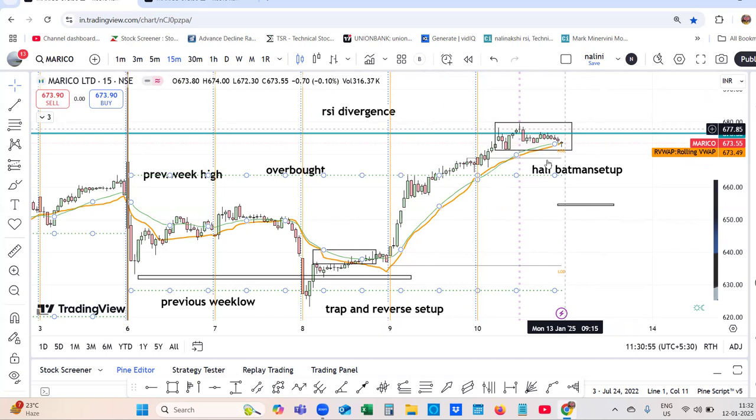For that, I will also show what is called the off-Batman setup. You can backtest it, and on Monday you could get a short trade in this stock. The reason for this is an off-Batman setup.